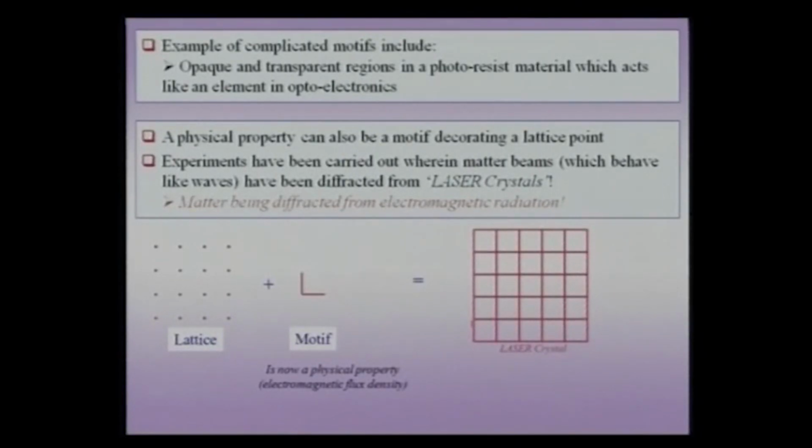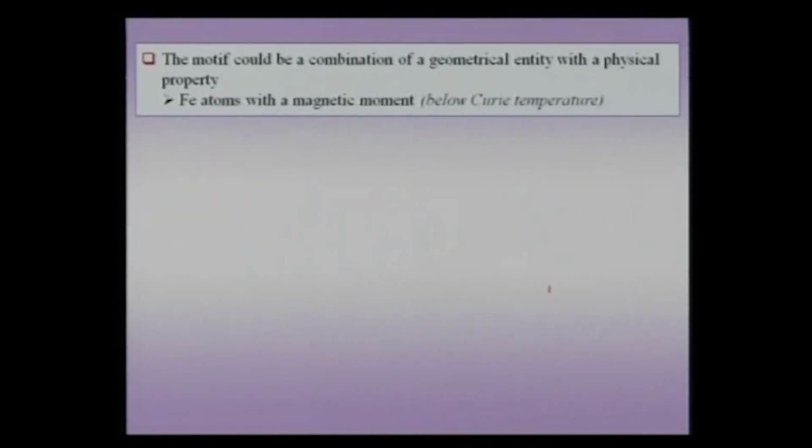So we can have these curious experiments and these curious kinds of motifs which go on to decorate lattices. In this lattice for instance there are no atomic entities, and it is purely described in terms of a physical property, which is now the electromagnetic radiation density. So we could have diverse kinds of crystals, but the language of crystallography remains the same, and the analysis in terms of that language also remains the same.